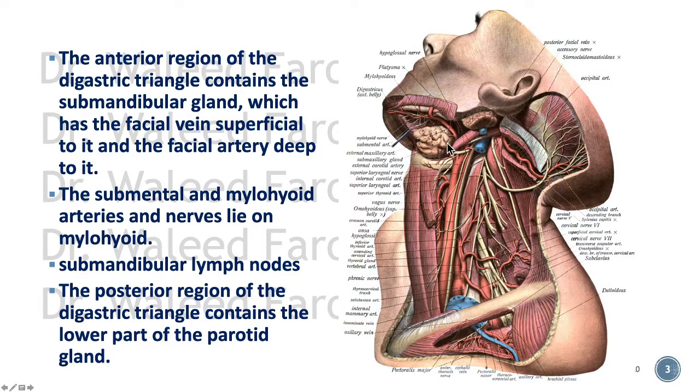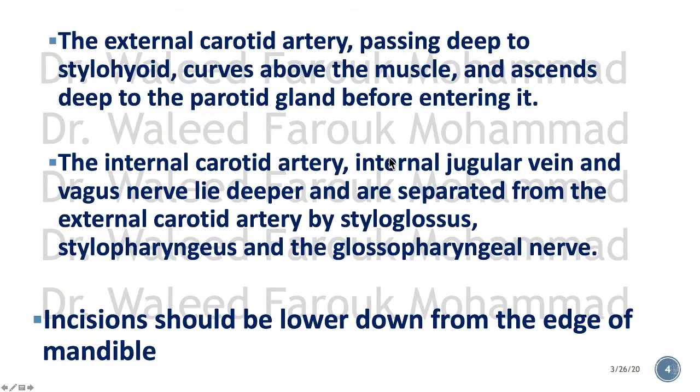So actually the digastric triangle has two glands in it. The lower part of the parotid separated by the stylomandibular ligament from the submandibular salivary gland. Okay?